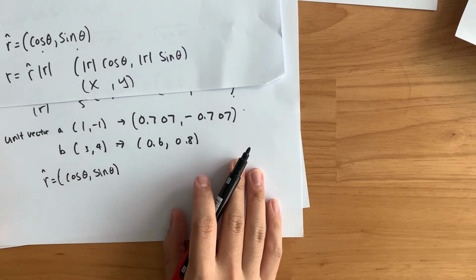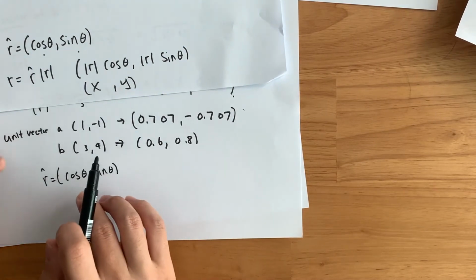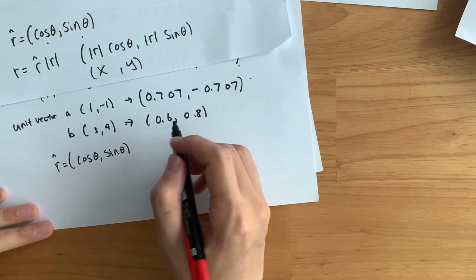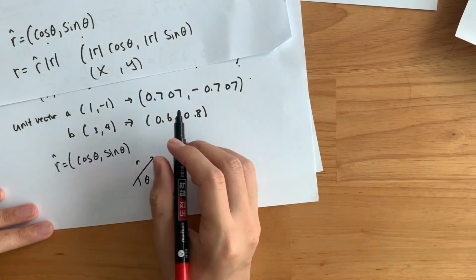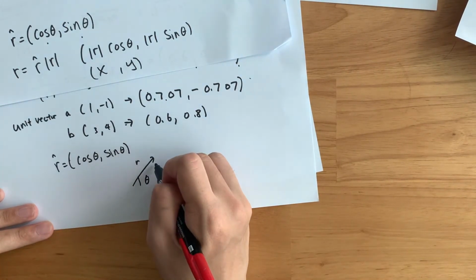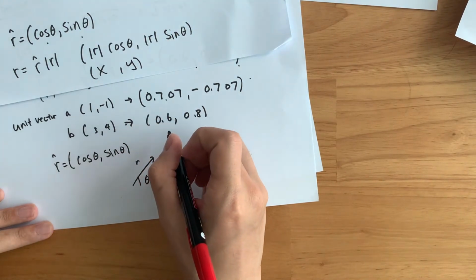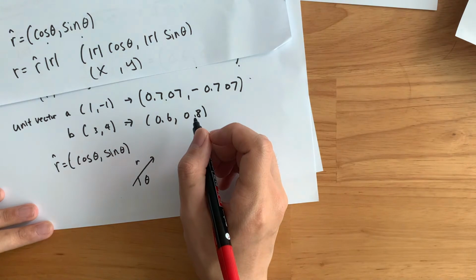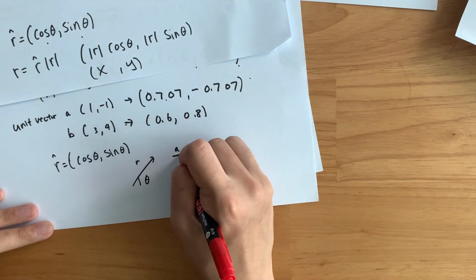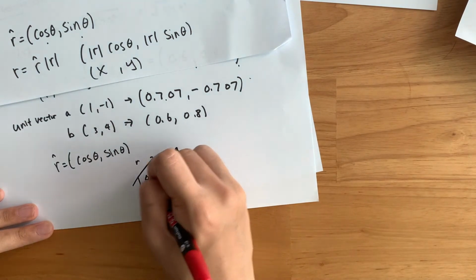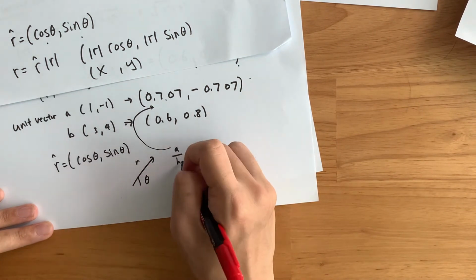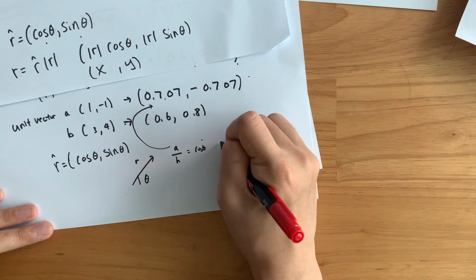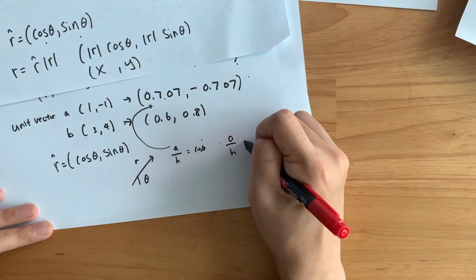So what this represents is that when you have an angle like this, r and theta, this will represent adjacent divided by hypotenuse, because this is cosine theta, and what this one represents is opposite over hypotenuse, SOHCAHTOA, sine theta.